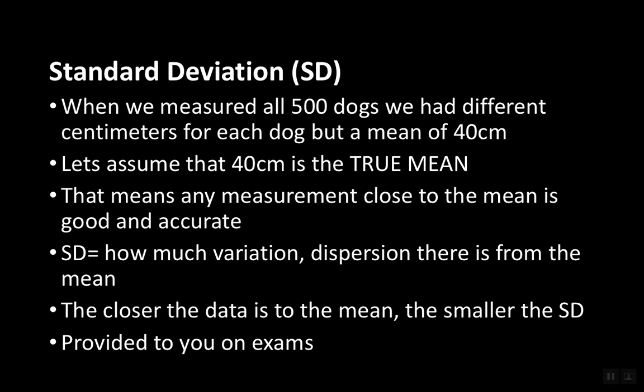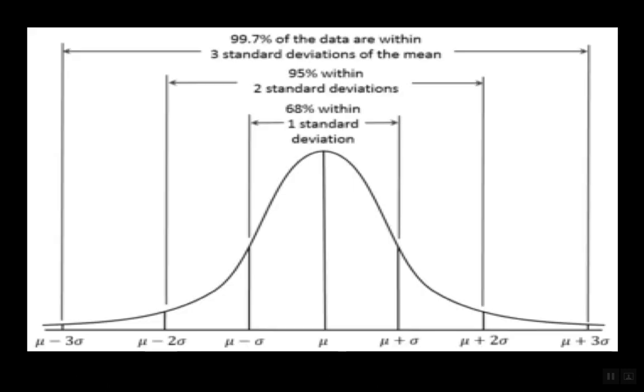How far are you from the mean of 40 centimeters? Like I said, the closer the data is to the mean, the smaller the standard deviation. And this is usually provided to you on exams. It has a complicated formula in order to calculate it, so they usually provide this on the exam.